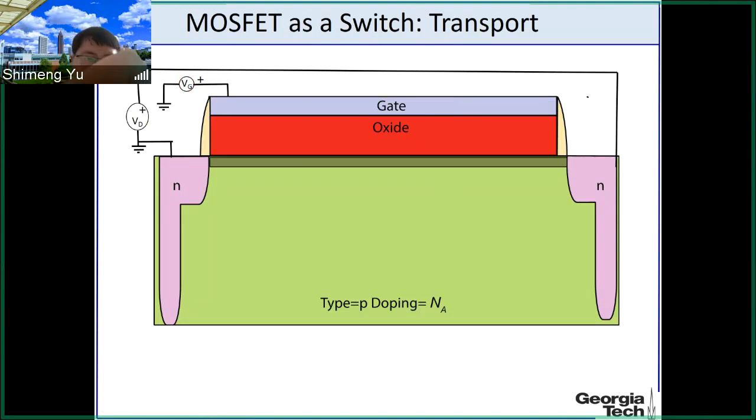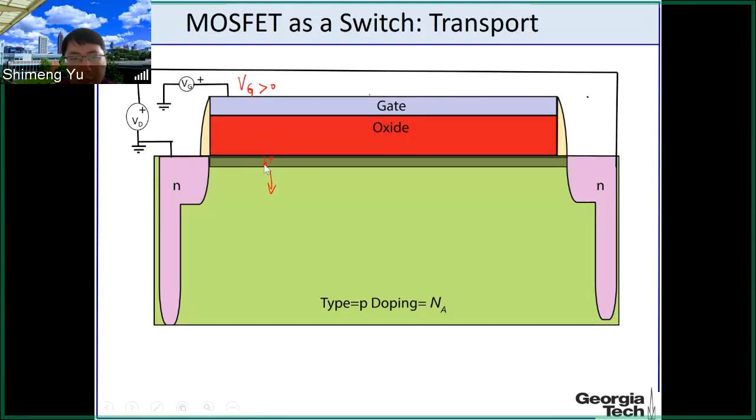As we discussed before, when we apply a gate voltage larger than 0, in this case a positive voltage, the positive voltage on the gate will repel the holes from the substrate away.